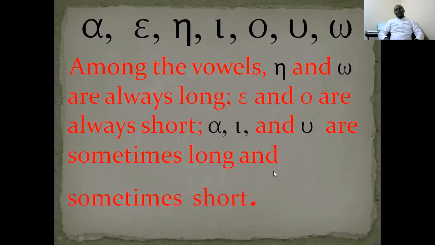They are alpha, epsilon, eta, iota, omicron, upsilon, and omega. Therefore, among the vowels, eta and omega are always long, epsilon and omicron are always short. Alpha, iota, and upsilon are sometimes long and sometimes short.